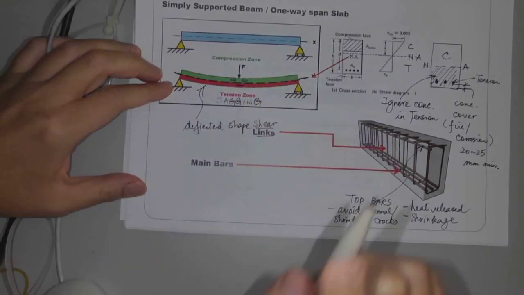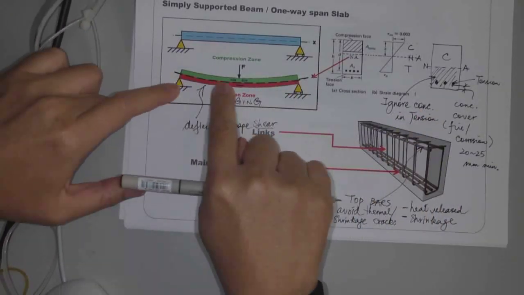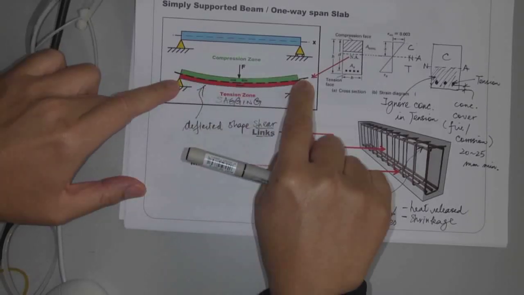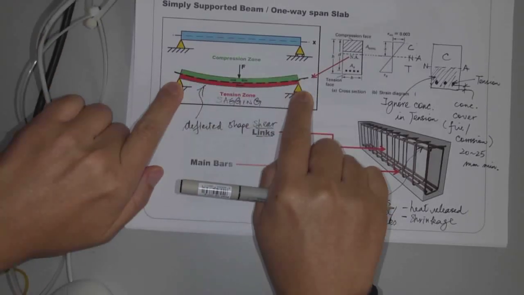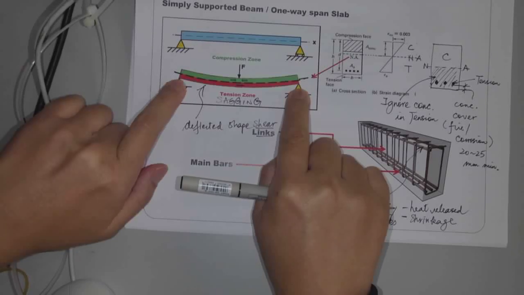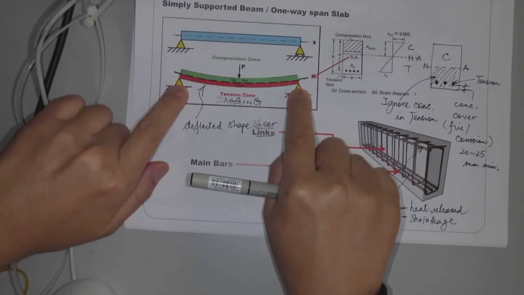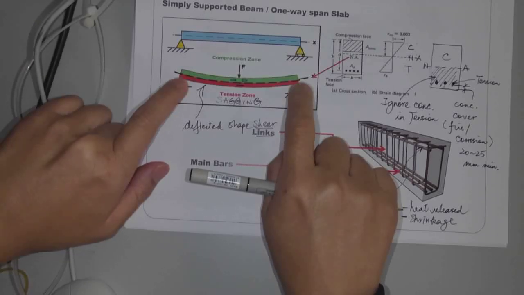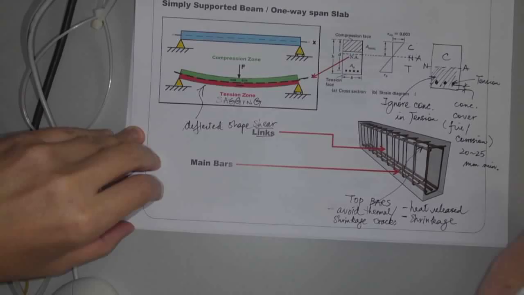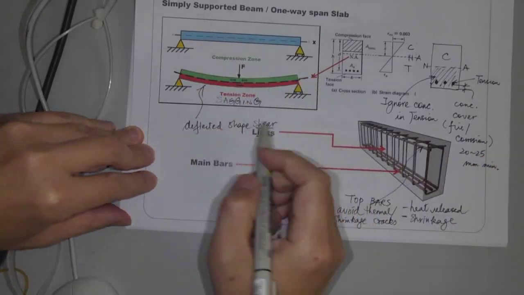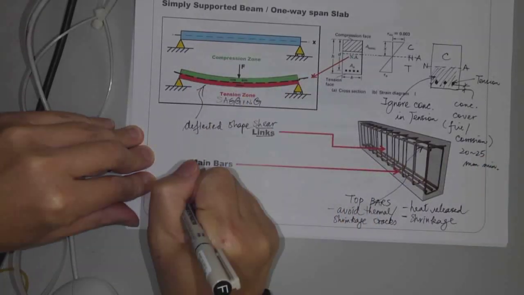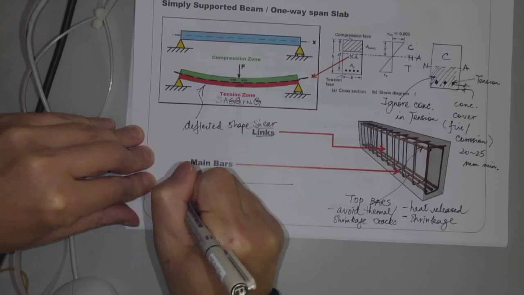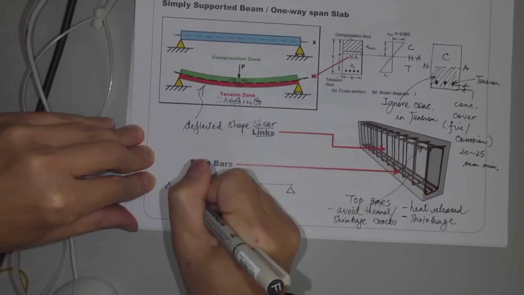By the way, the deflected shape. Also, always bear in mind, when you try to sketch the deflected shape of the beam, those 2 points at the supports must always be in contact with your beam. Okay? So if you try to simplify your diagram, it would be something like this. Right?